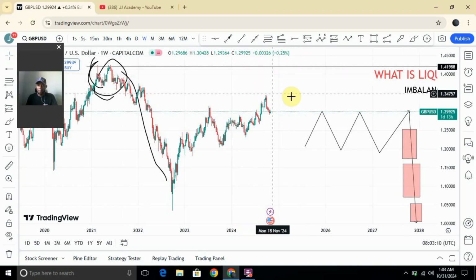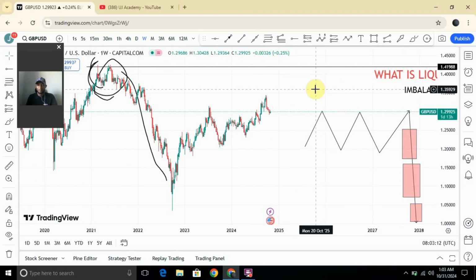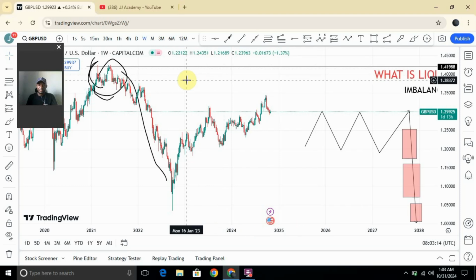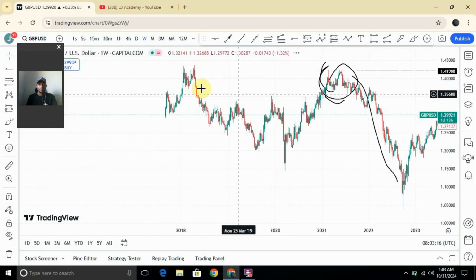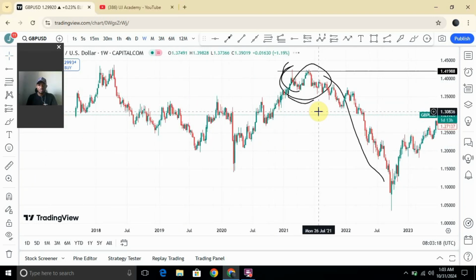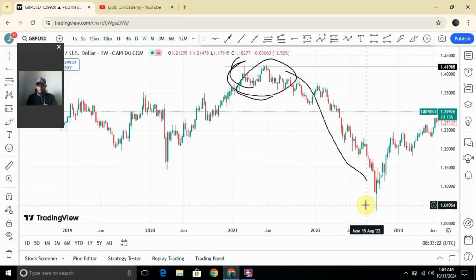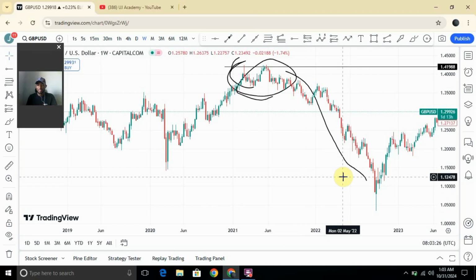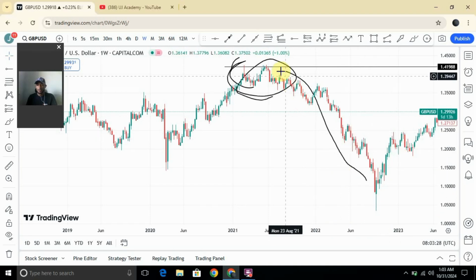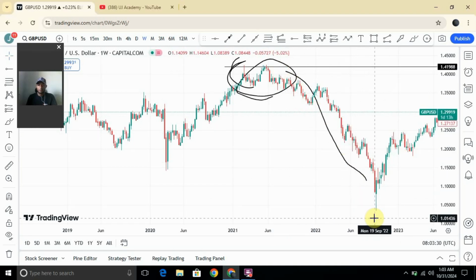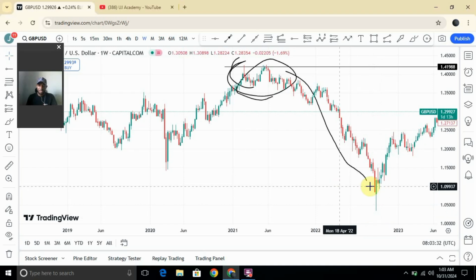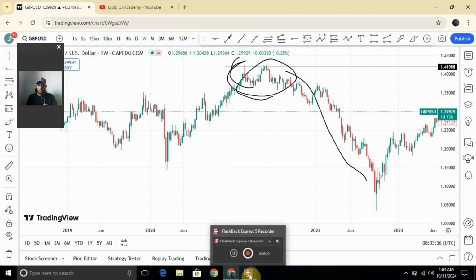Sometimes it fills it up completely, sometimes it doesn't fill it up completely, before finally moving to its original direction. So it's always good for you as an ICT trader that each time you see such kind of movement, you know that this is the end of a trend. You take your profits before moving further down to analyze more.